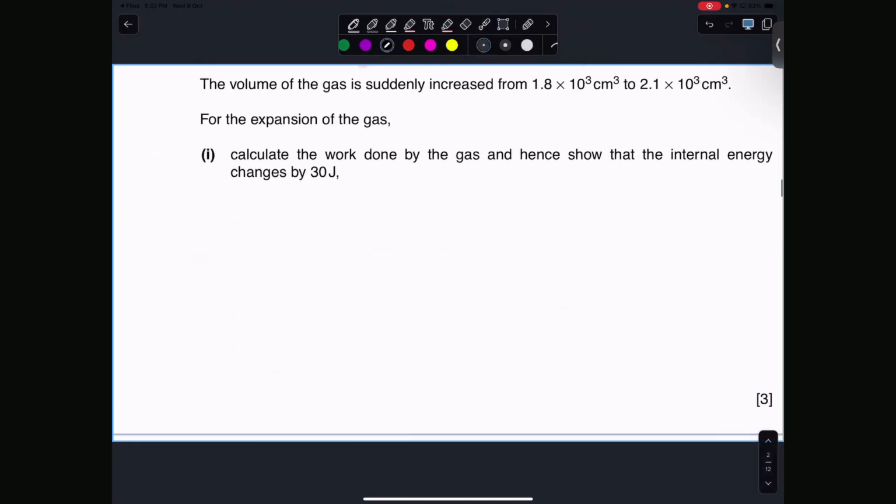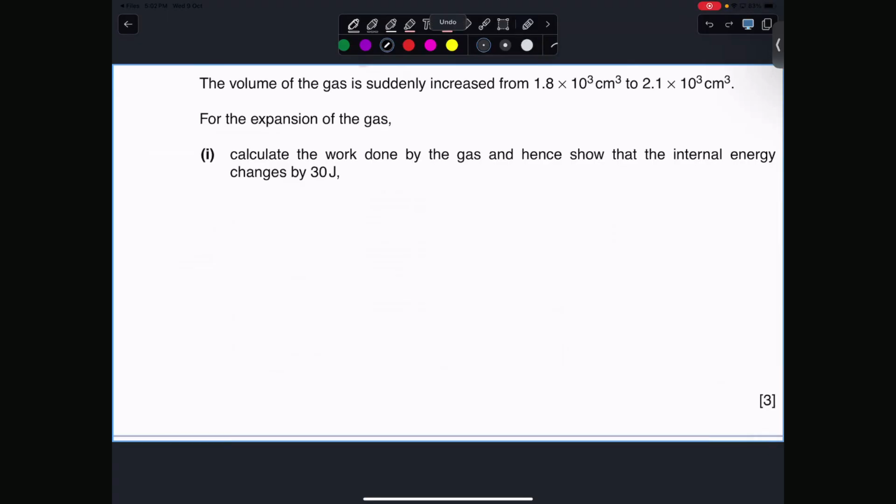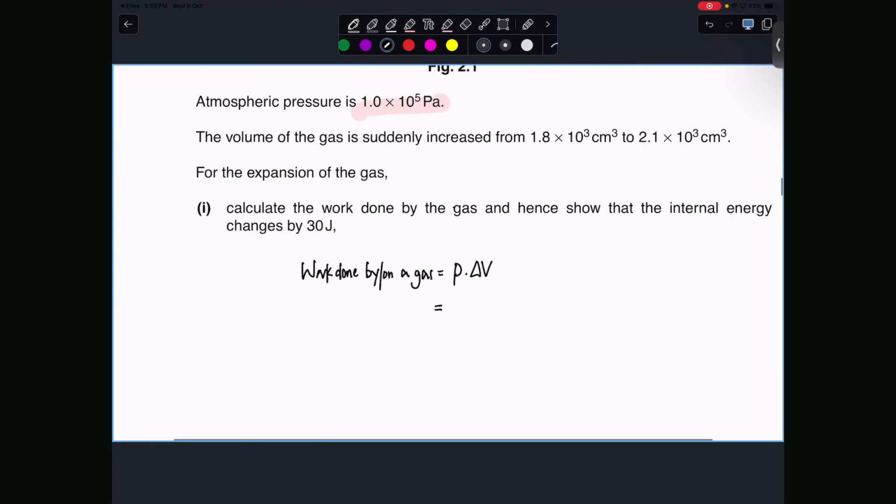So whenever you have work done on a gas, work done by or on a gas is equal to pressure into change in volume. The pressure that we have is 1 into 10 to the power 5 into the change in volume.